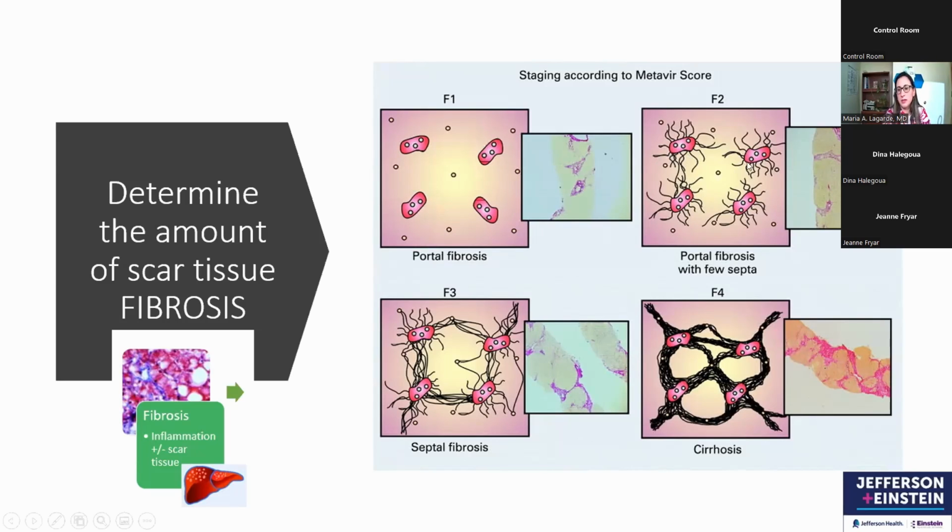And you'll see these big spidery webs that then become thick, band-like. And this is when we start to worry, because this is what we call advanced fibrosis. And the more scar tissue there is, the harder it is to then have a normal liver, because this scar tissue has taken over some of the significant function and portion of the liver. And so it's really hard to then go back to normal.